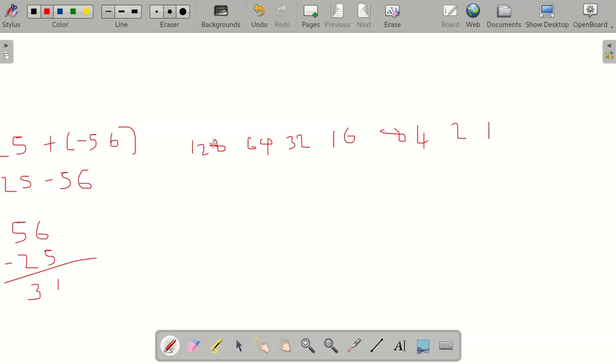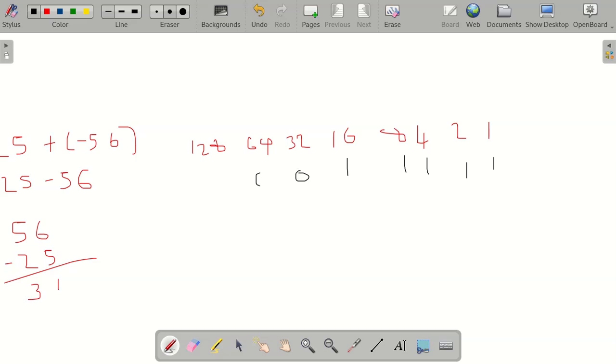So remember, here we are trying to just convert that negative 31 in 1's complement. So to get 31, it's 16 plus 8, which is 24, plus 4, which is 28, then 30, then 31. Okay, so that's our 31.